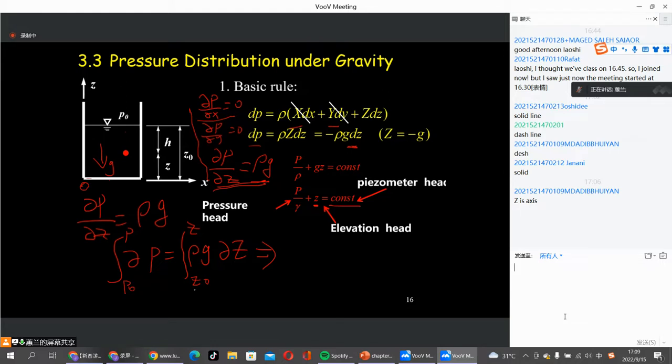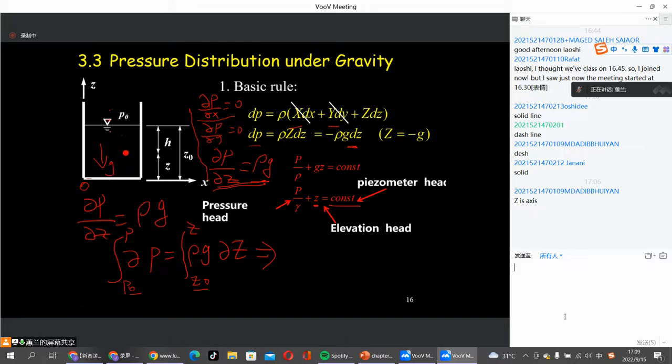This p naught, z naught is what we call the boundary condition. We know the free surface. We use this triangle symbol to indicate the free surface. That means this is the interface between the water and the air, or between the liquid and the gas.